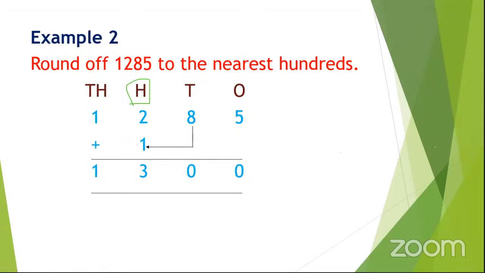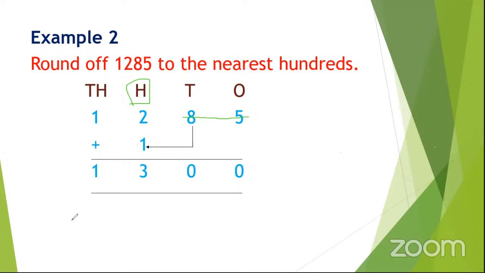Now, when you're writing here 8 and 5, we've said that the moment you identify the required place value, the place values before it become 0. So we shall have a 0 here, a 0 here. Then 2 plus 1, we shall have a 3, and 1 plus nothing, we shall have a 1.